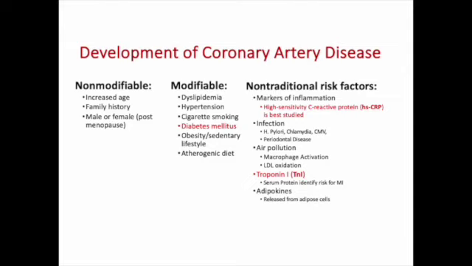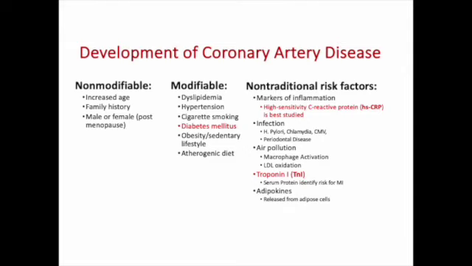The non-traditional risk factors that NCLEX style questions want you to know are that there are some markers of inflammation that we can see to detect a higher risk for CAD. That would be the high sensitivity CRP, which tells us that there is an inflammatory process in the body.